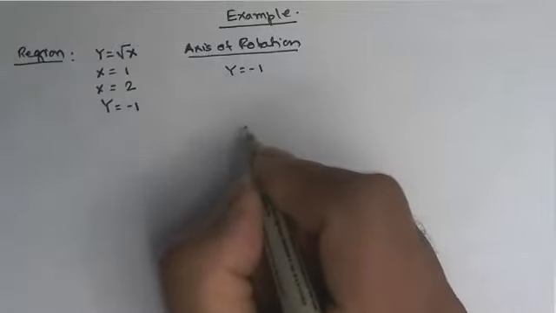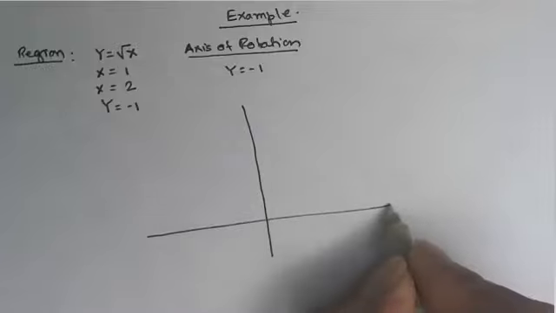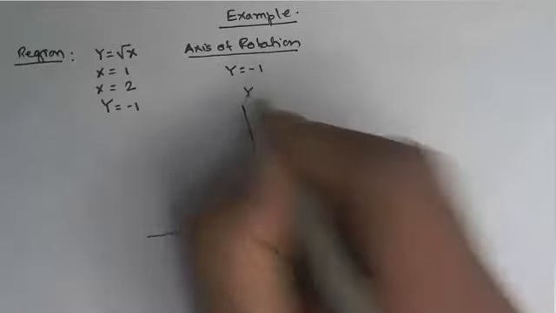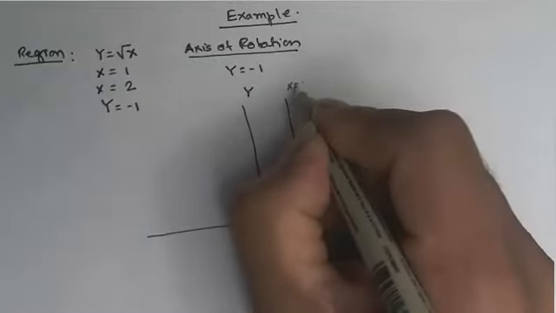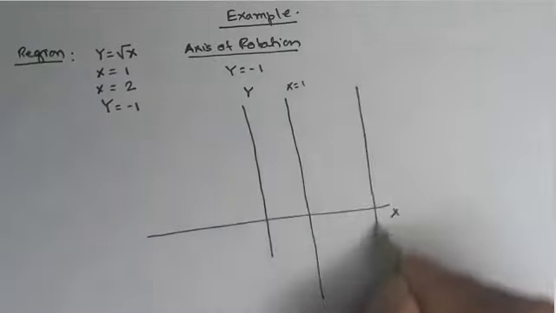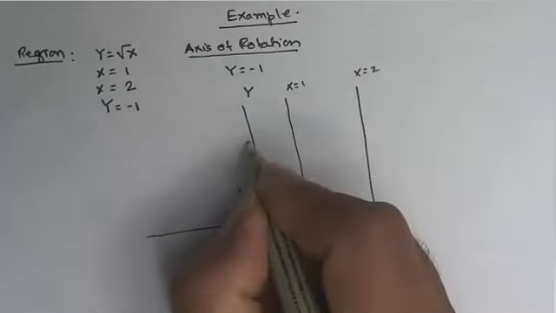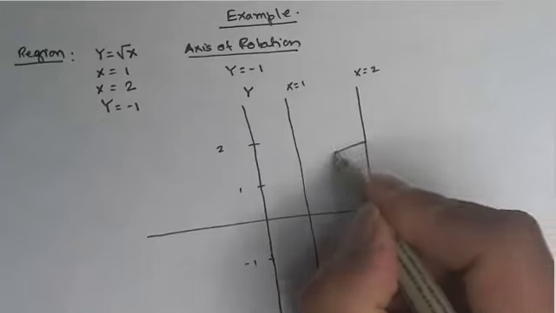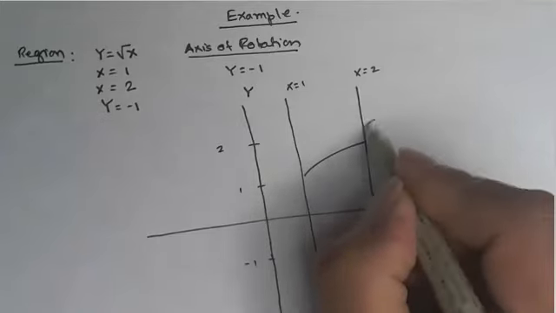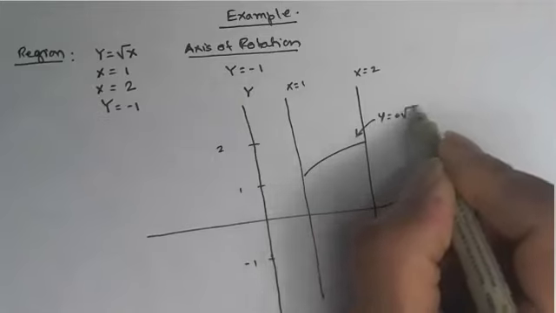So here's the diagram. Y-axis, x-axis, x equal to 1, x equal to 2, y equal to 1, y equal to 2, minus 1, and the curve y equal to square root x.